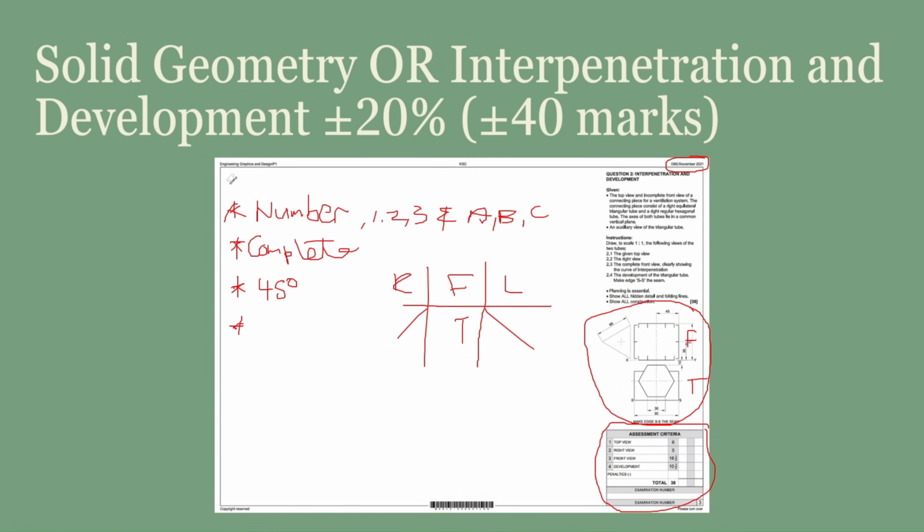When it comes to the development, they usually ask for one of the solids to be developed. When you develop a geometrical shape of a pentagon with 5 sides, hexagon with 6, or an octagon with 8, you need to get the true length of that side to do the development. You just need to make sure that you use the correct length, which is the true length, when doing the development.